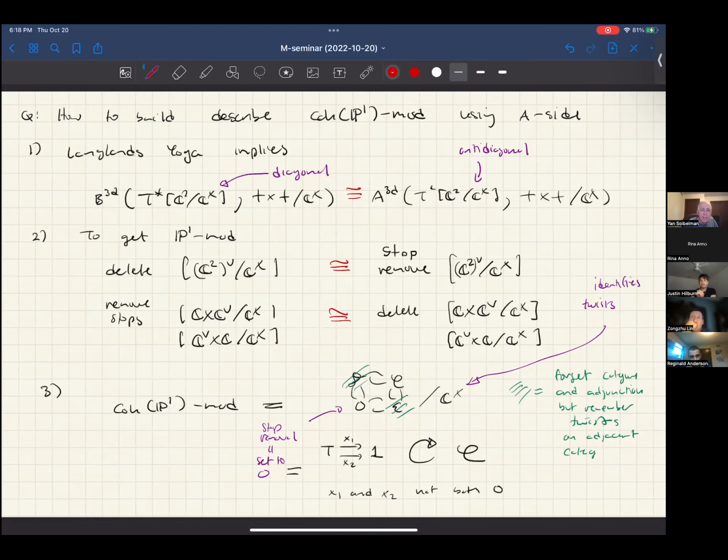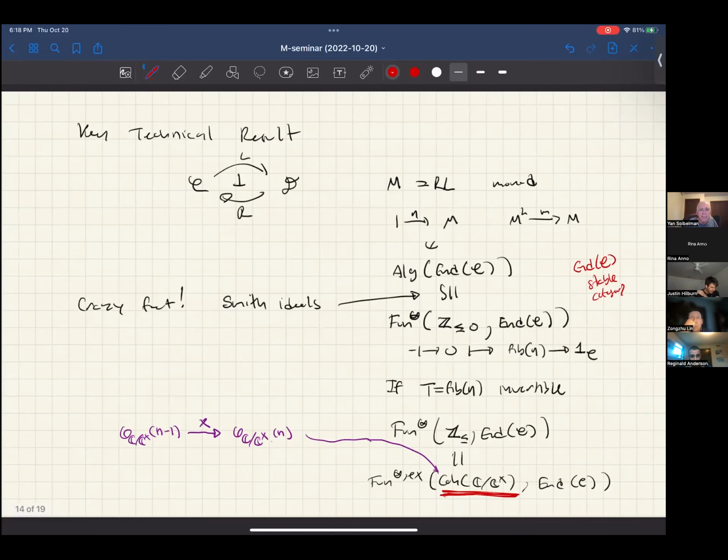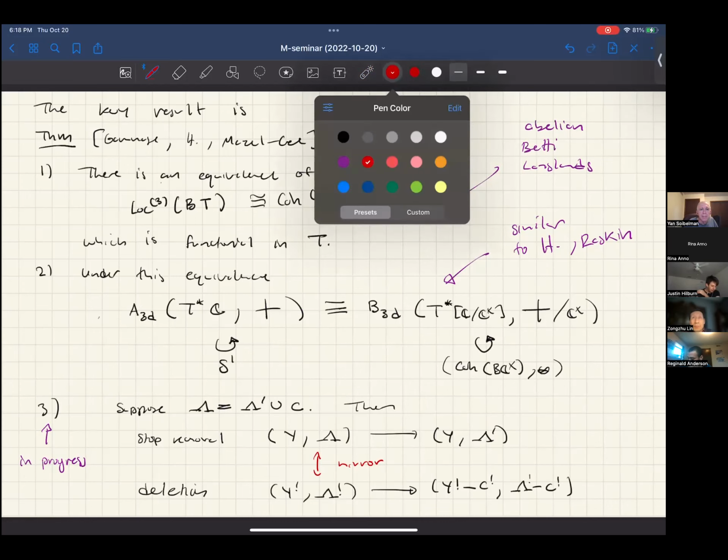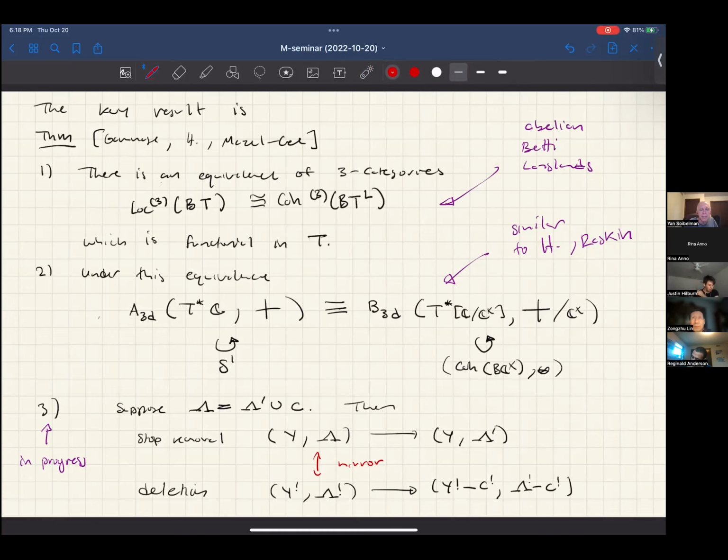The A side is completely opaque if you're non-abelian, and basically the problem is here. The problem is in the way that we proved our result. We did this primitive equivalence, where we just proved the case of T star C versus T star C mod C star.